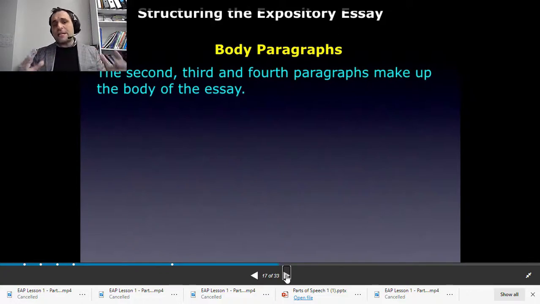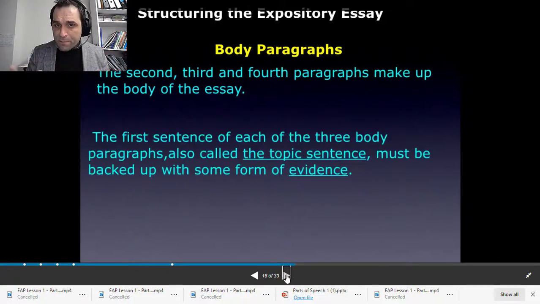The first sentence of each of the 3 body paragraphs, we call the topic sentence. Why? Because it is the main idea of the paragraph. So every paragraph has to start with one main topic sentence, and then you have to support that with something called evidence.